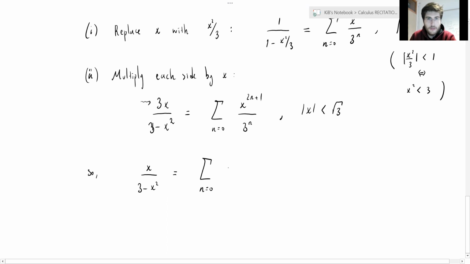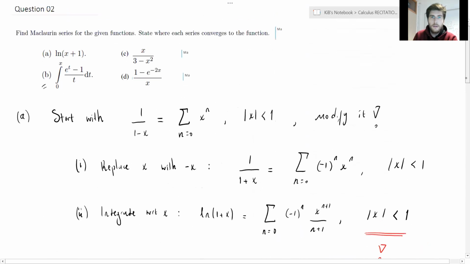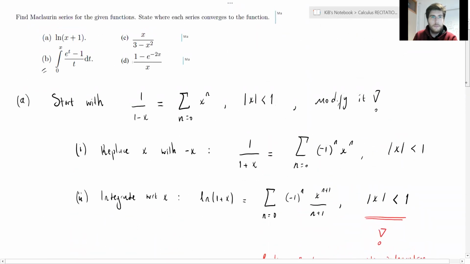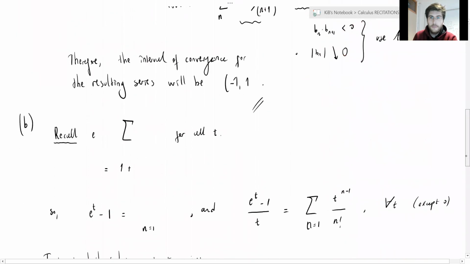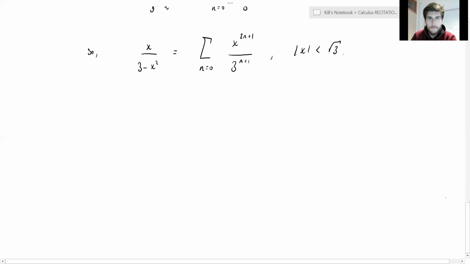So this is just 2n plus 1 divided by 3 to the power n plus 1, with this interval of convergence. Okay, so we did this. We really found this. Remember part C, this representation for the series. Okay, this one, and we are done.